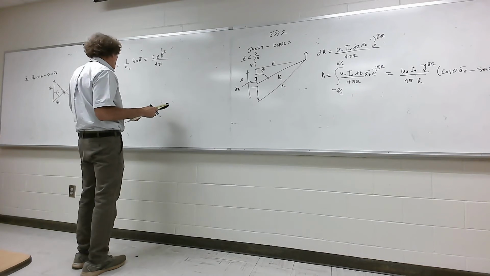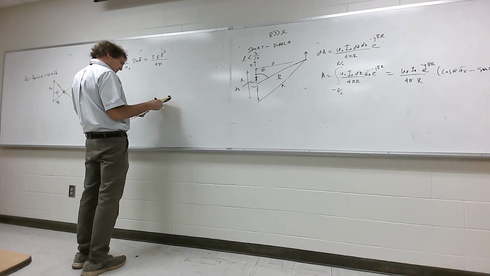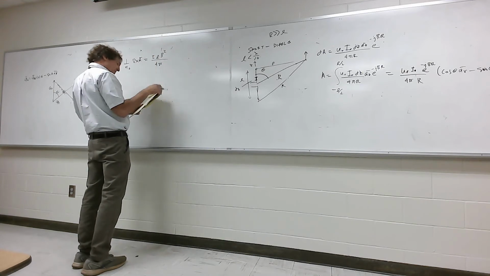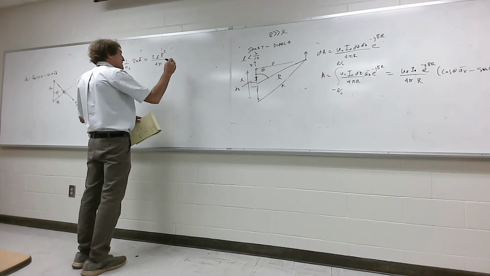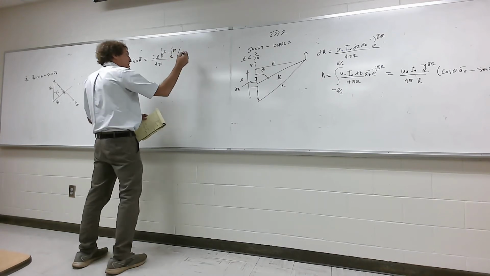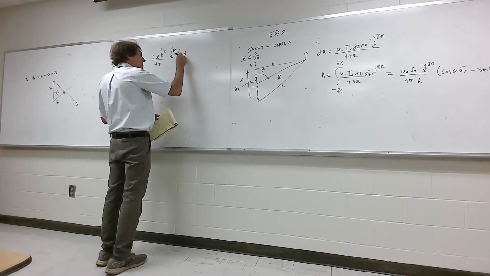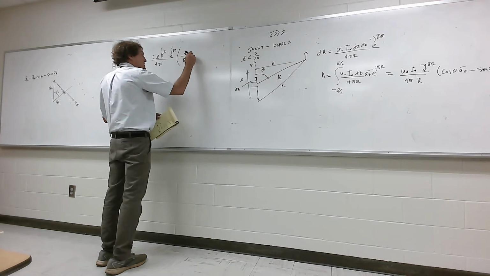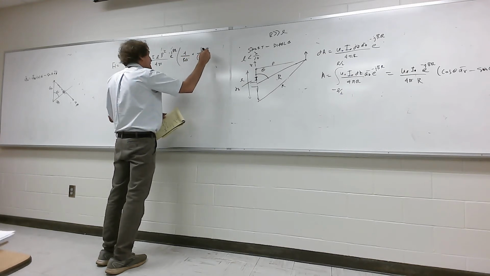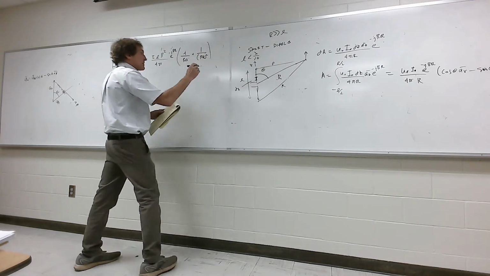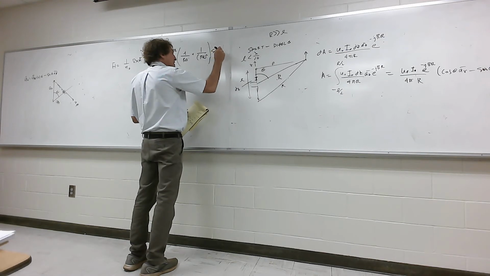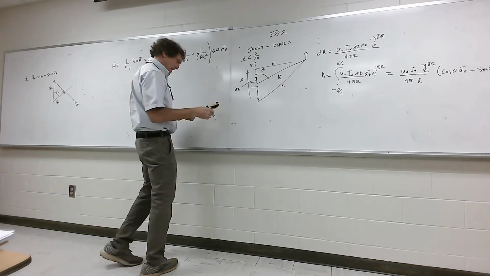That comes out the front. I divide by mu 0, so there's no mu 0. Then you're going to get the e to the minus j beta r, and then the grouping: j over beta r plus 1 over beta r squared, times the sine of theta in the a phi direction.